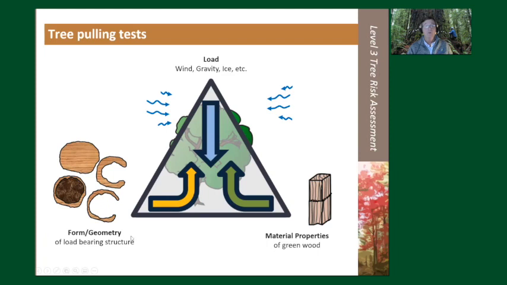The form or geometry is how solid or empty is the tree stem that bears that load. And the material properties is material properties of green wood. And the most important one is something called the compressive strength of the green wood, because it's well understood that when wood fails under loading, it always fails in compression first and in tension next.